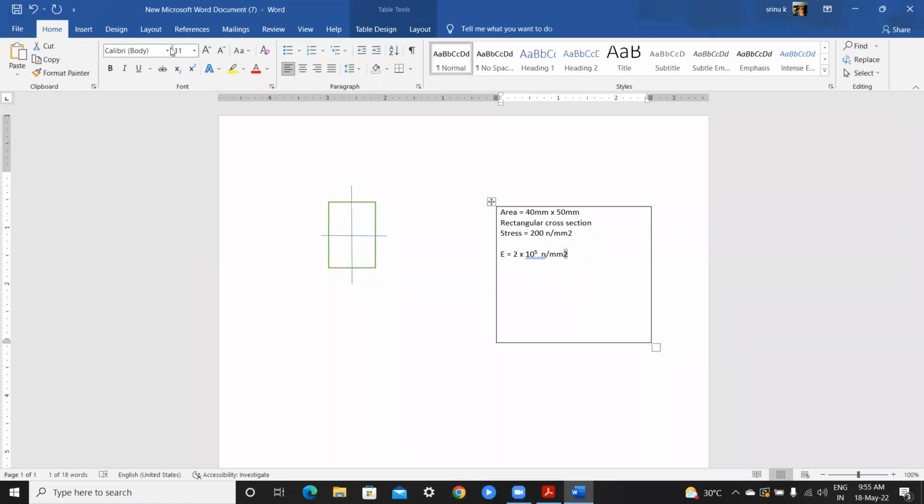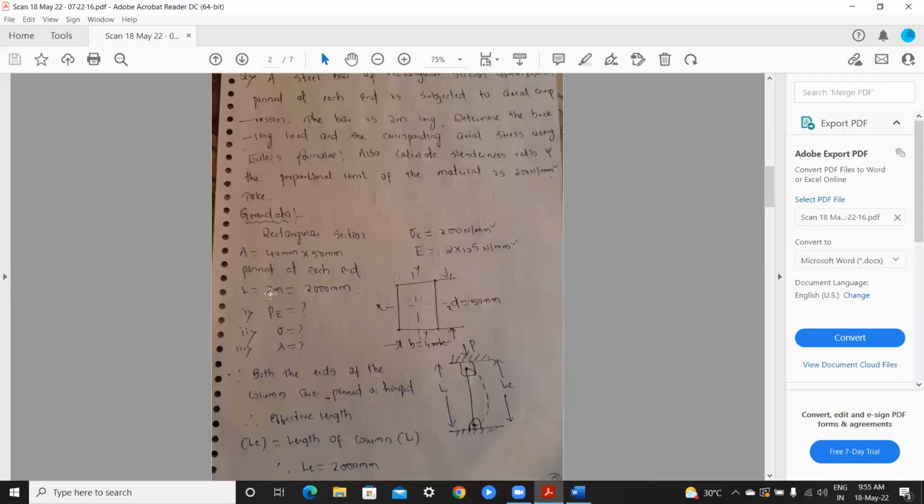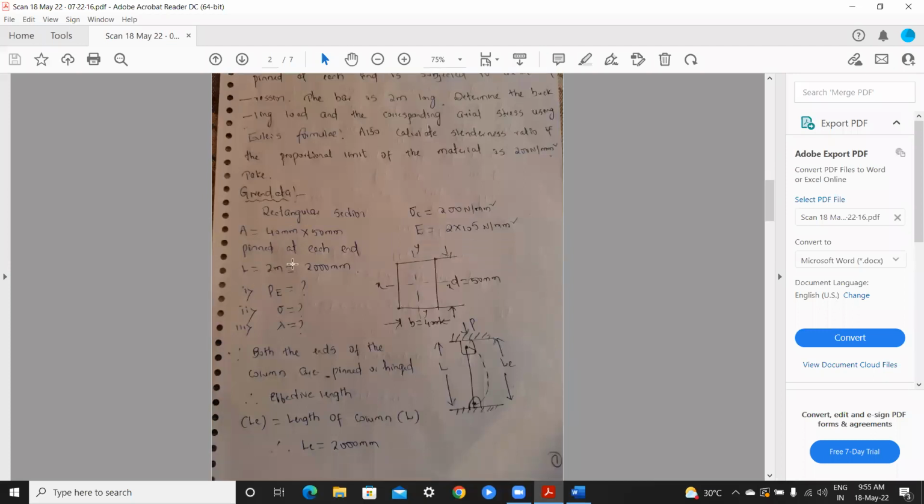This is the basic value for mild steel also. These are the given data for us.